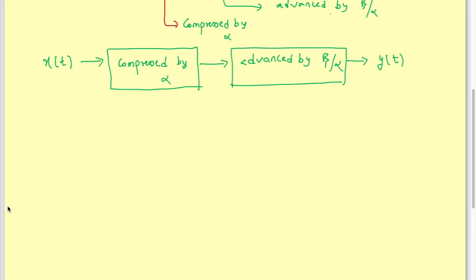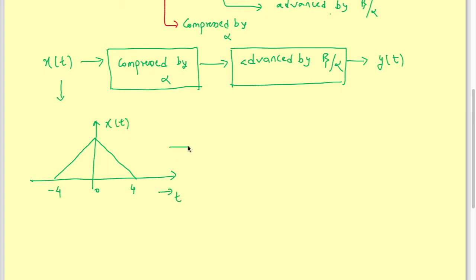So x of t here is something like this. x of t is from -4 to 4: -4, 0 and 4. Then I am compressing my signal here, so it will look something like this: -4 by alpha and 4 by alpha.